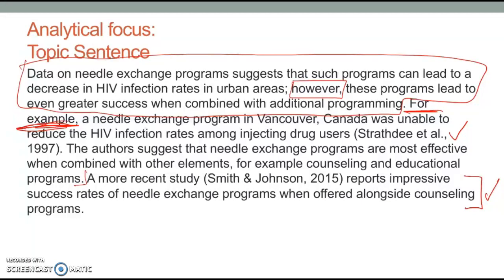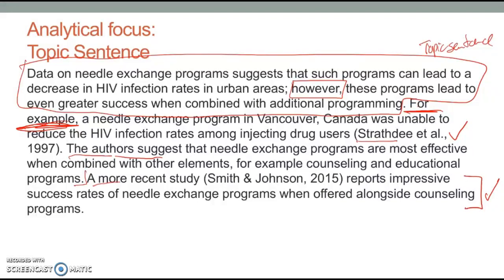But again, just to recap, it has a strong topic sentence that gives sort of an analytical framework for the paragraph. It has good transitions, the author suggests, so it includes more information on this source here.